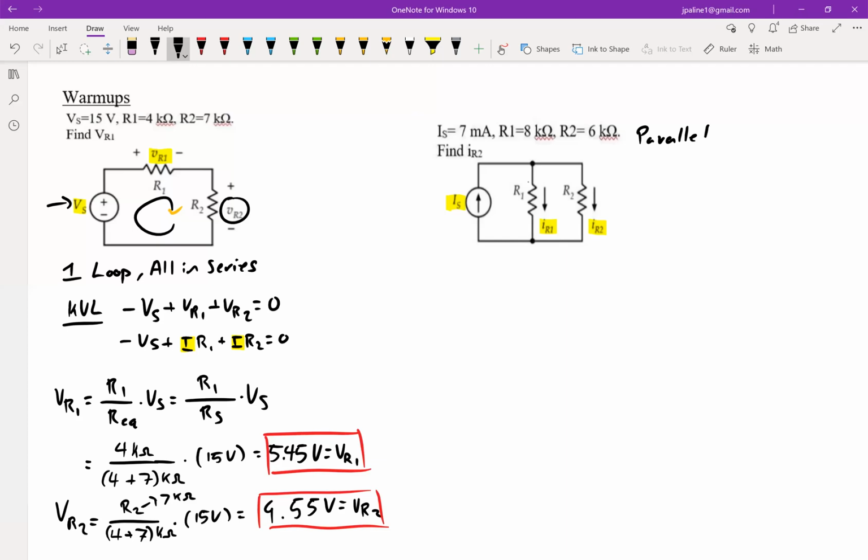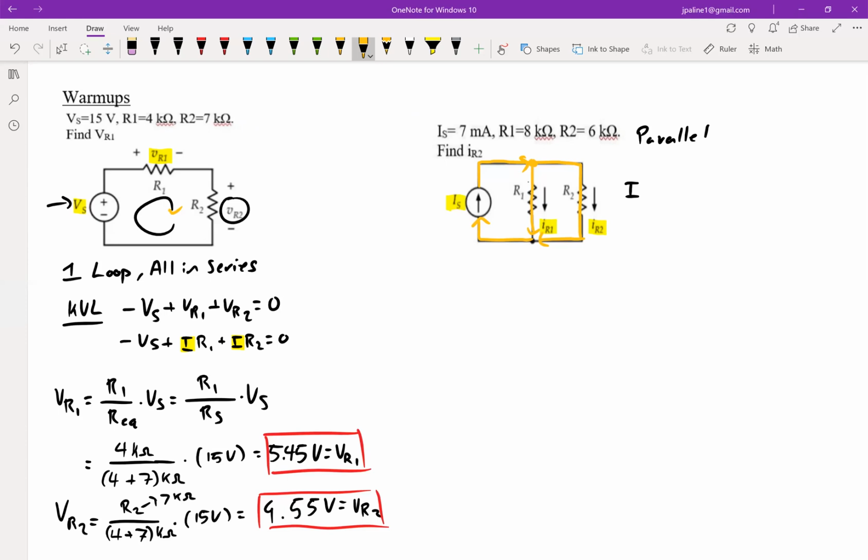So if we want to find IR2, what we'll need to do is use our current division, because we see here that current is going to leave, come this way, hit this point, send some down here, travel through this way, send some that way, they'll meet back up and combine to form the loop again.